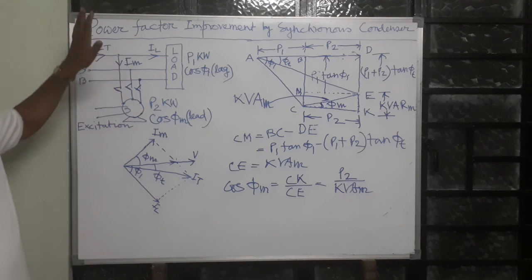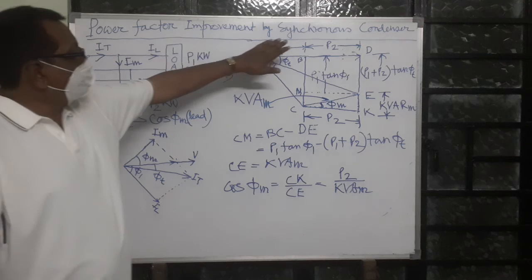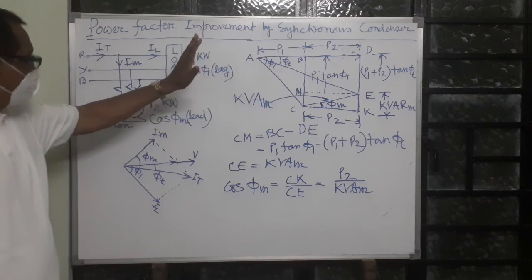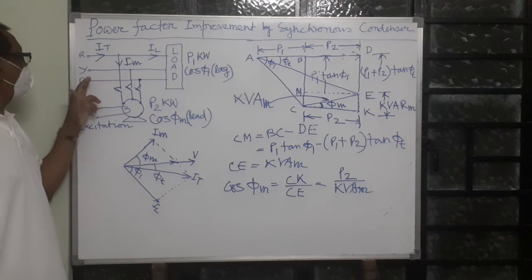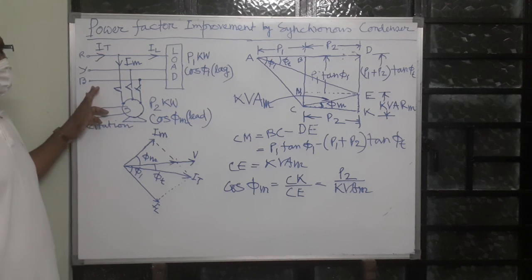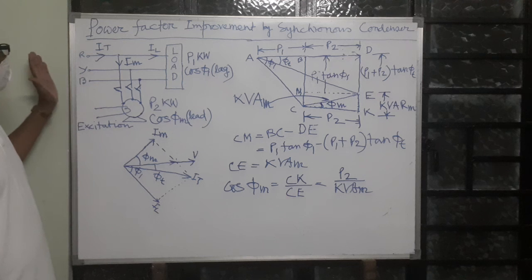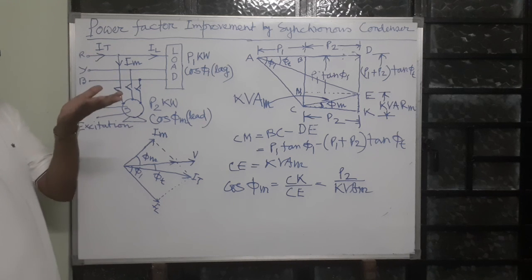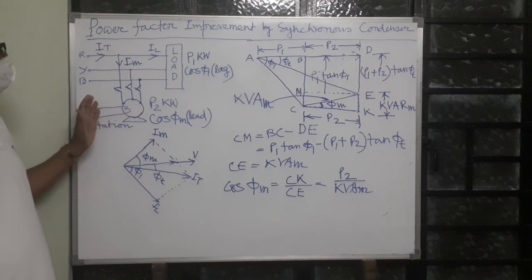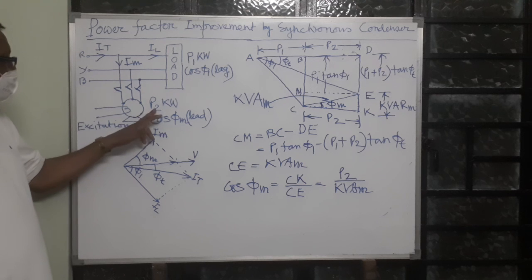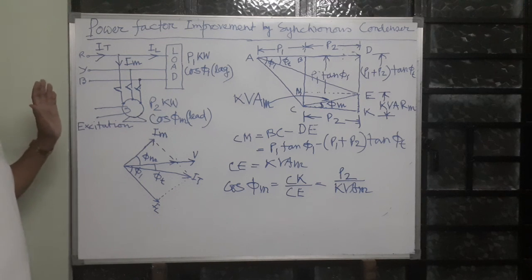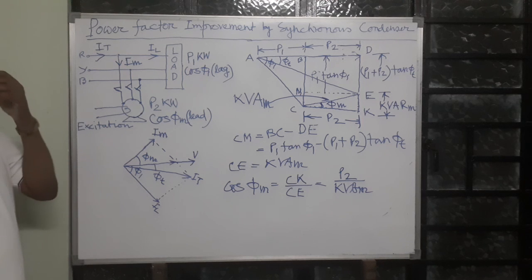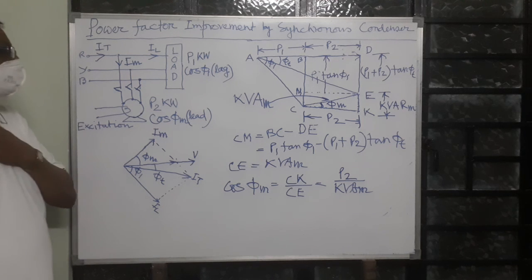So for improvement of the power factor, the total power supplied from the source increases. So the power increases, and the current increases due to P2. This is the power factor improvement by the synchronous condenser.